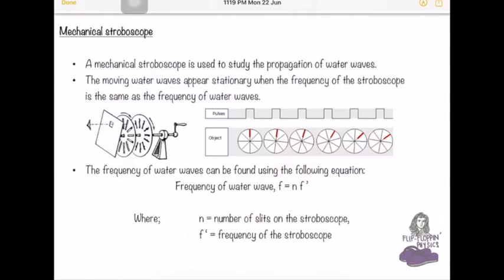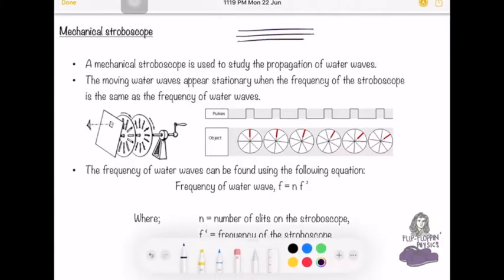This is a mechanical stroboscope. Basically there are two discs here. When you turn the disc around, as you watch the motion of the plane wave in the ripple tank just now, if the plane wave was at a frequency of, let's say, 5 hertz, which means 5 plane waves are created per second, and you were able to turn this disc 5 times in 1 second as well.